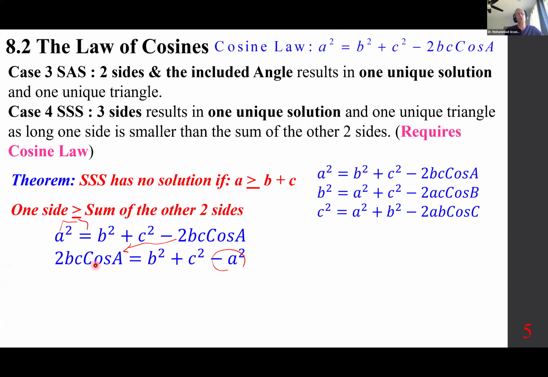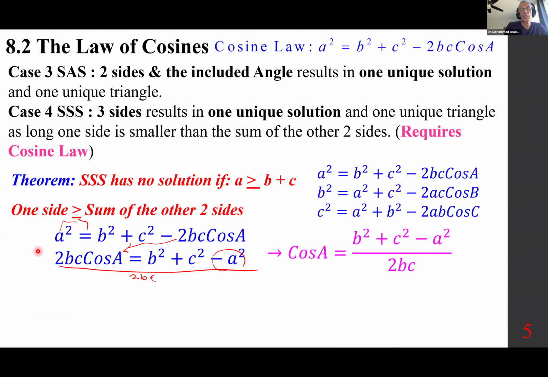Now, if we want to solve for cosine, all we have to do is divide both sides by 2bc. And so we get cosine A is b squared plus c squared minus a squared over 2bc.